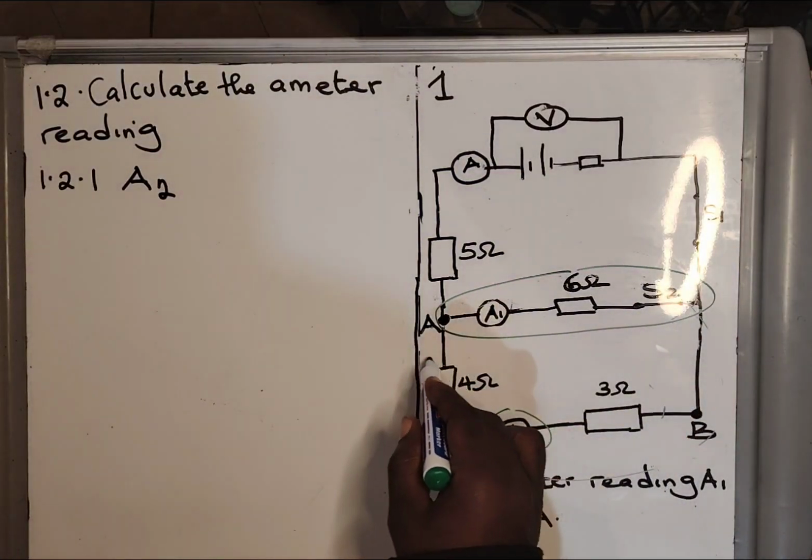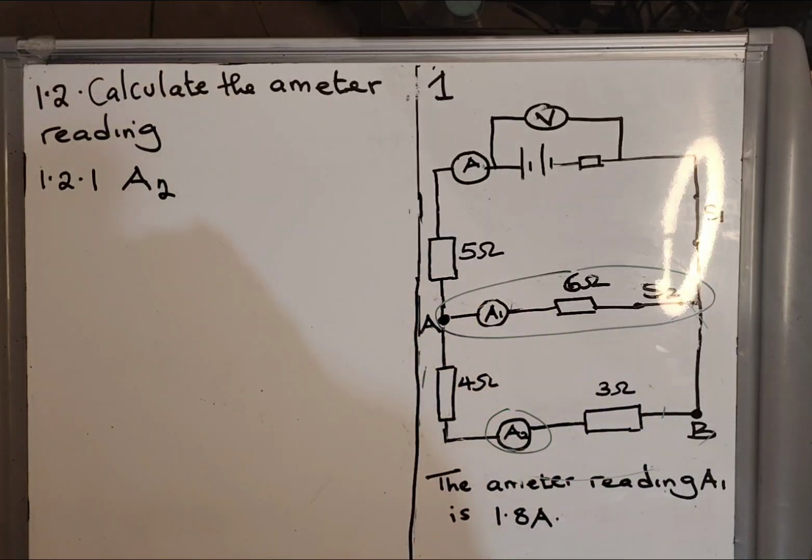So these are the two branches we have. Then to solve this question, you need to bring in the concept of parallel connections. And what does it say?